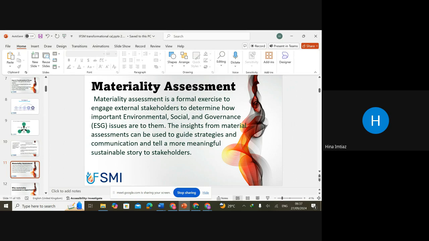You have to keep in mind this ESG because it belongs to question number five also. The ESGs are environmental, social, and governance.